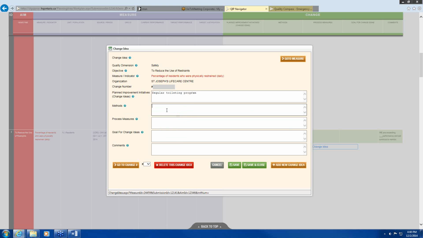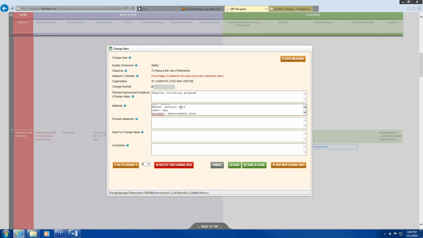In your methods, you're going to do step by step. So talking about which staff are going to be involved in this, whether it is a certain unit that maybe has a high amount of restraint, when maybe you start on a specific shift for your first test of change, like days or evenings, and where the documentation or the measurement plan is.